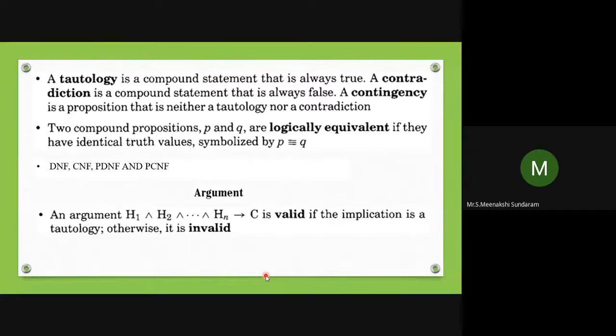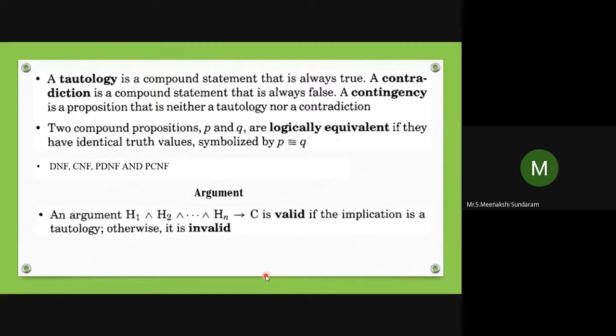Two compound propositions P and Q are logically equivalent if they have identical truth values. Suppose the fifth column is the left-hand side and the eighth column is the right-hand side; if they have the same truth values, both are logically equal.